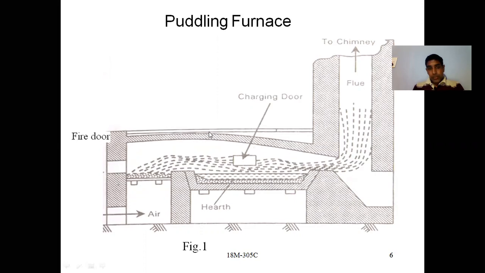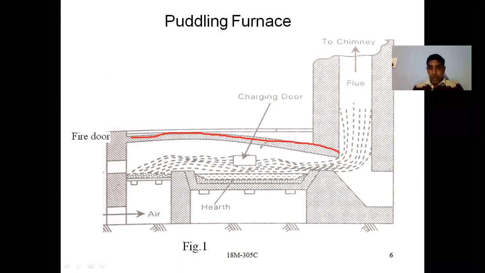This hatched part, how will the shape be? It is a dome-like structure. I will show you. See here, the structure is a dome-like structure.